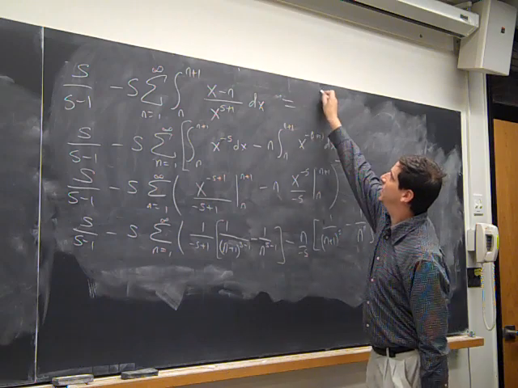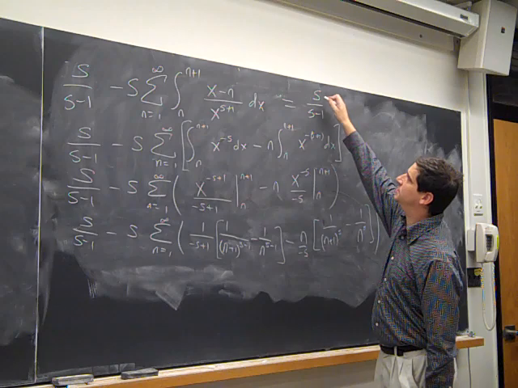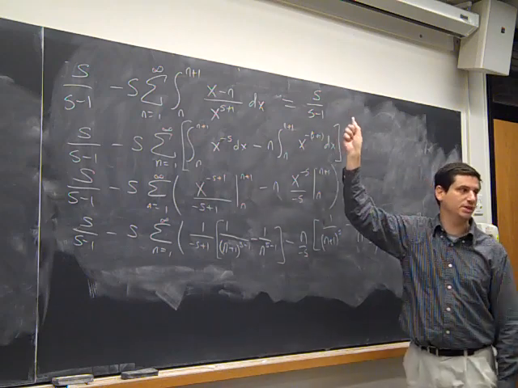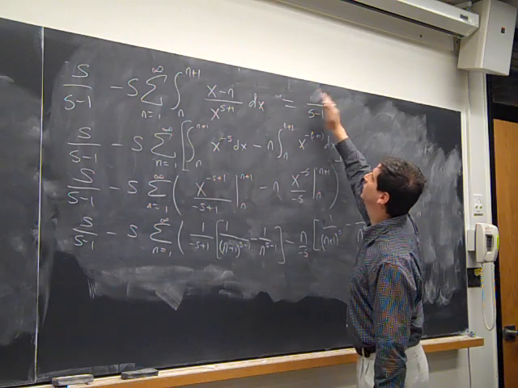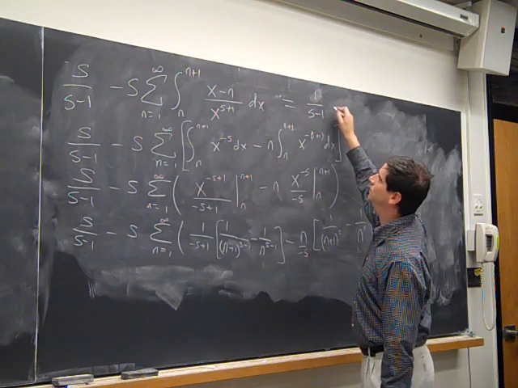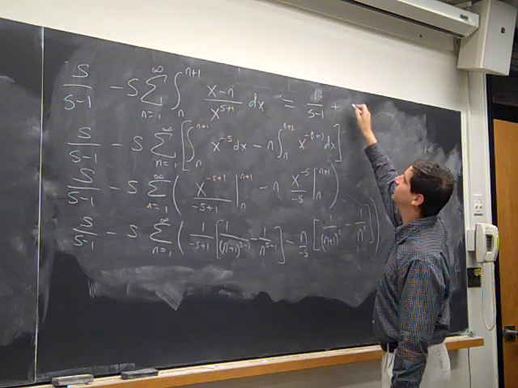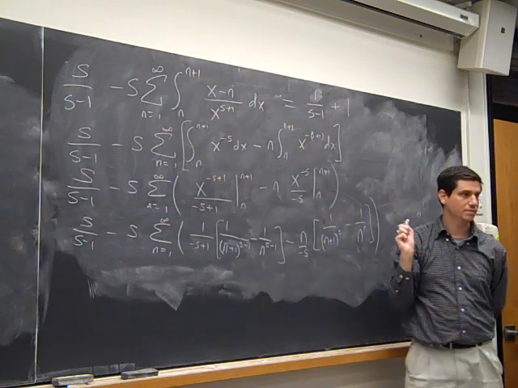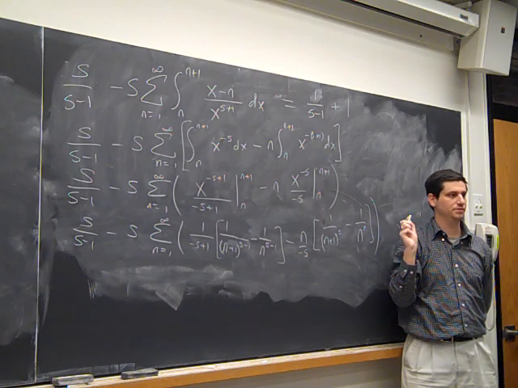This is the same as s over s minus 1. And if I want, I can write s as s minus 1 plus 1. So if I write s as s minus 1 plus 1, I get 1 over s minus 1. I've just written s as 1 plus s minus 1.